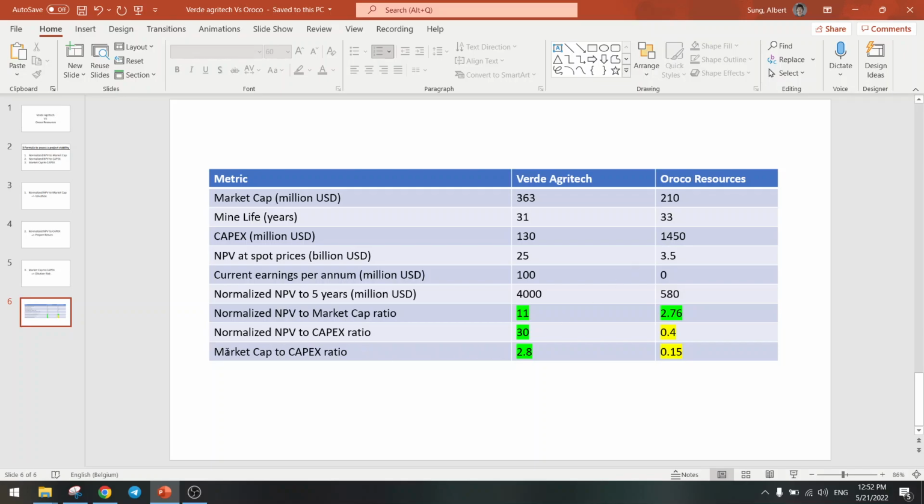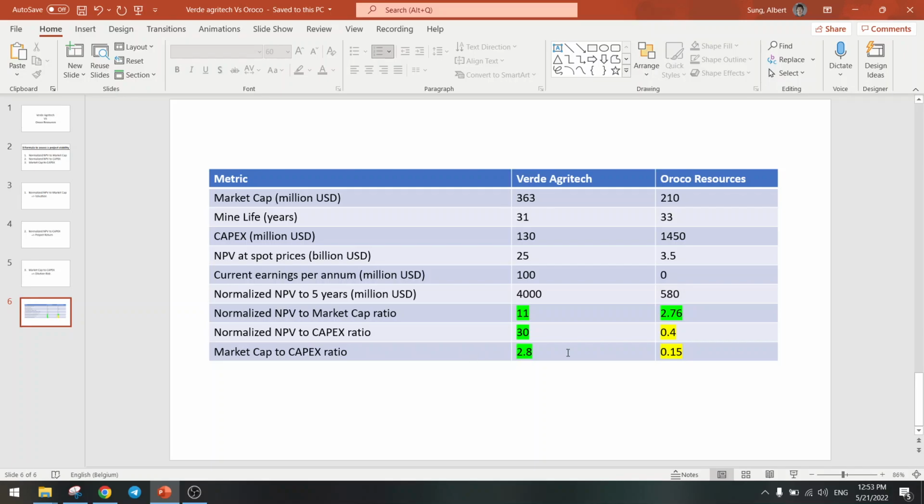Then we have the market cap to CAPEX ratio, which is the last formula. Here you can see that the market cap is 360 million and the CAPEX is lower than the 360 million. So this gives us a number above 1. That means we do not have a lot of dilution risk, because your market cap is higher than the CAPEX.